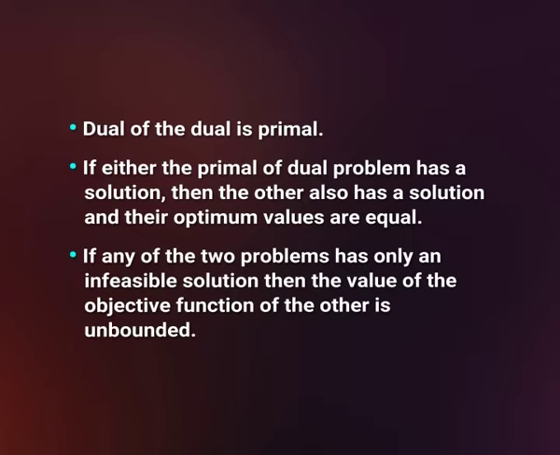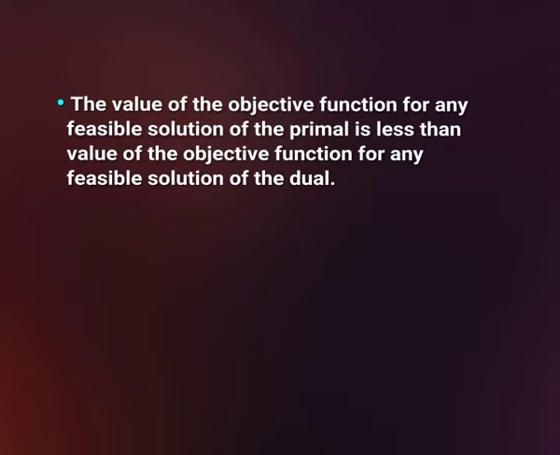If either of the two problems has only an infeasible solution, then the value of the objective function of the other is unbounded. The value of the objective function for any feasible solution of the primal is less than the value of the objective function for any feasible solution of the dual.